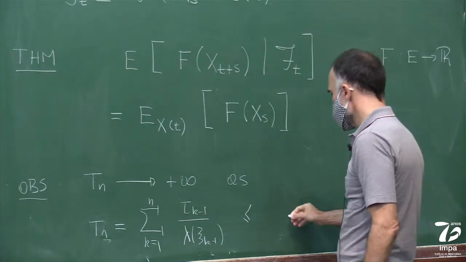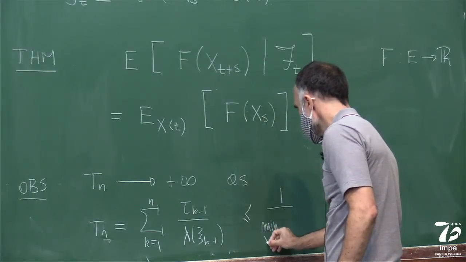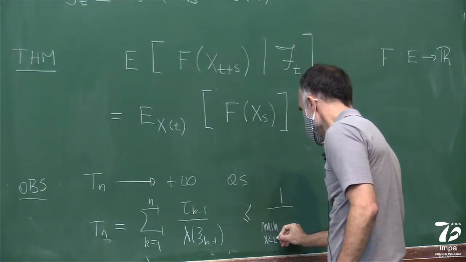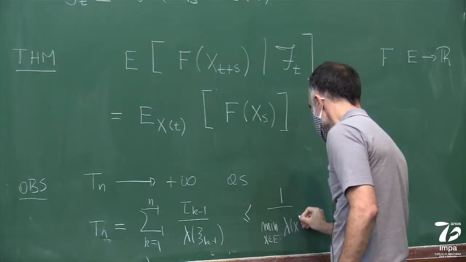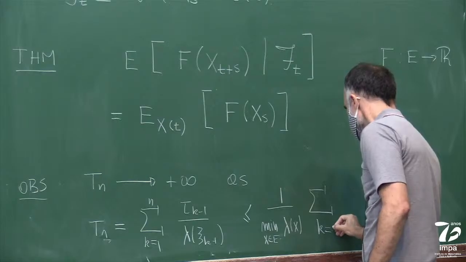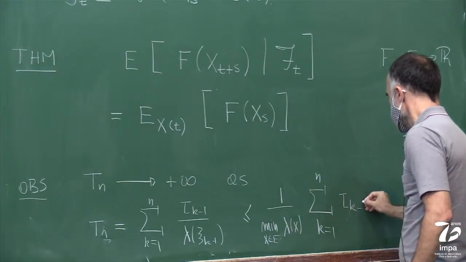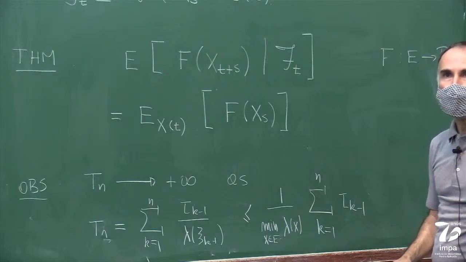So this is bounded by 1 over the minimum for x in E of lambda x, times tau k minus 1.